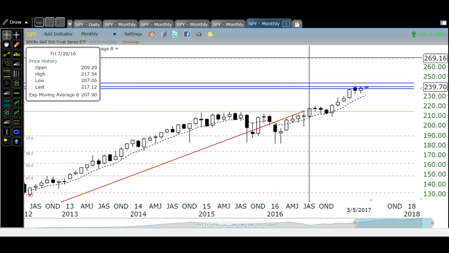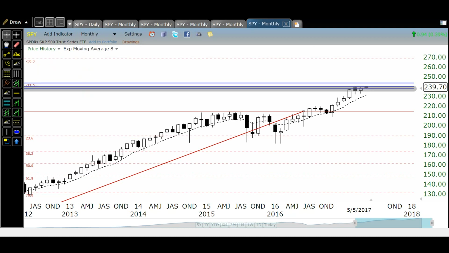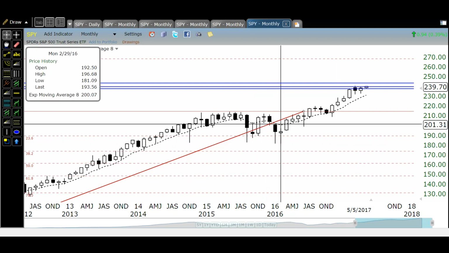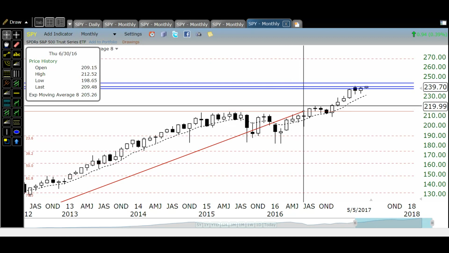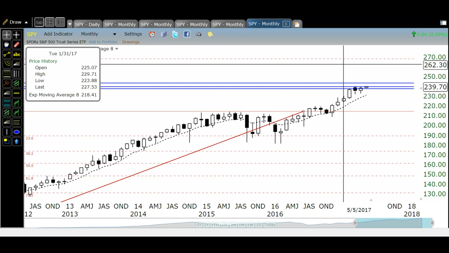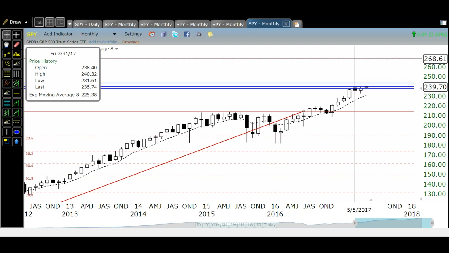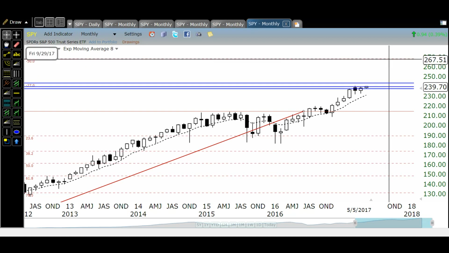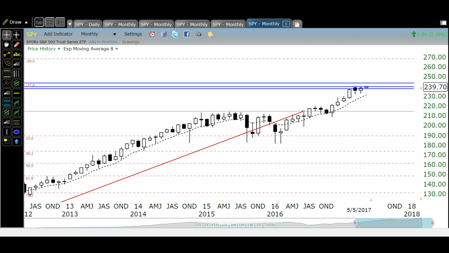It kind of seems impossible to get to from here, but in the markets you never know. What if one had thought when the price was at 150 that it could never go to 200? Sure enough, we are at 200 right now. Sure enough, we are at 239. So it's not inconceivable to see this market, SPY, at 268. So that would be the target for a longer term trade if someone wanted to hold it for that long.